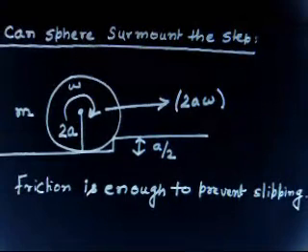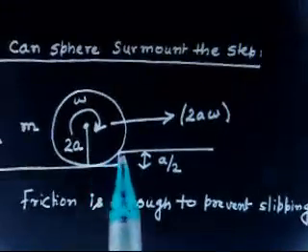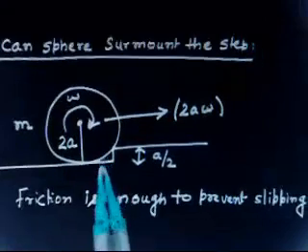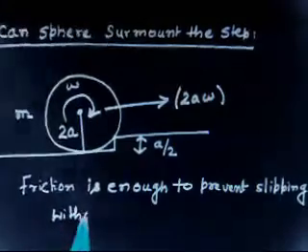Now the question asks, so that the sphere can surmount the step without losing contact. Two things: this sphere can surmount this step, and no contact loss.